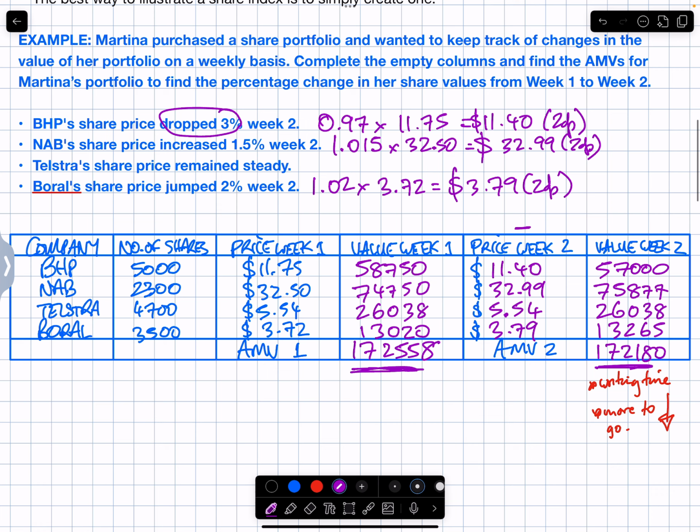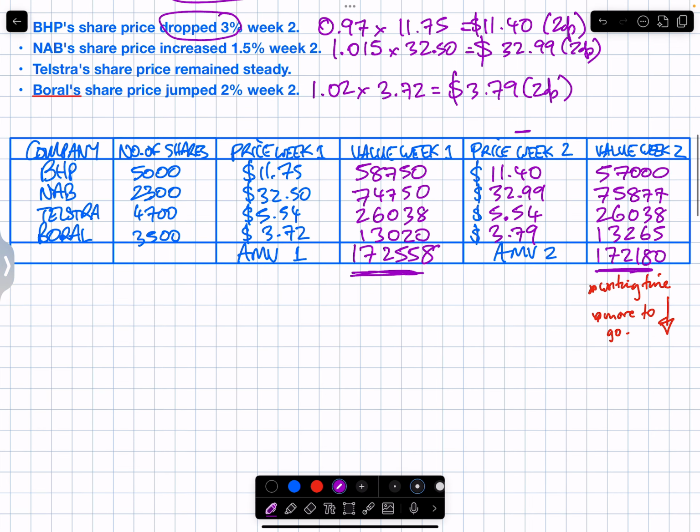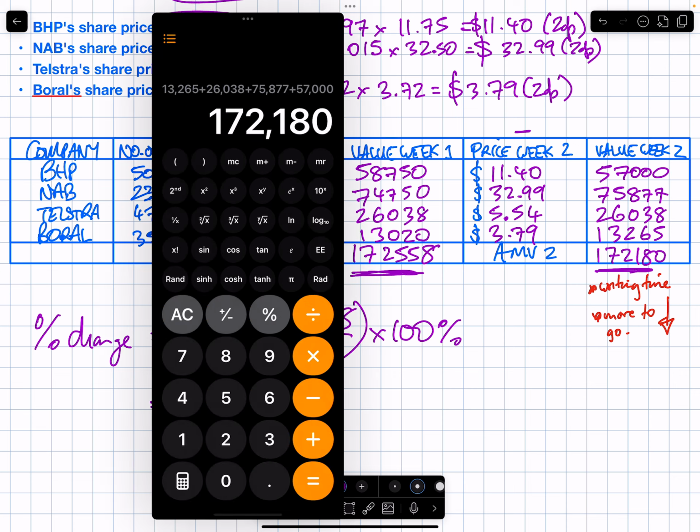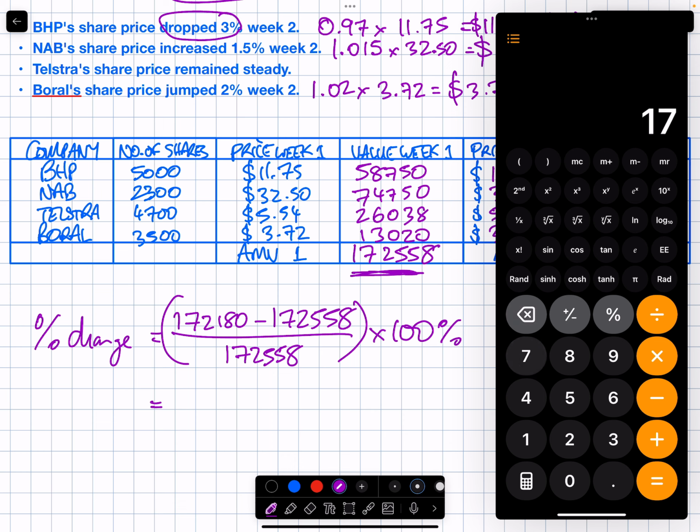Now you can see these numbers are really huge. And we care about finding the percentage change. So you have that formula from last week, percent change equals the new number, 172,180, minus the old number, 172,558, over the old number, 172,558, and times the answer by 100 and put a percent sign next to it. 172,180 minus 172,558 divided by 172,558 times 100%.